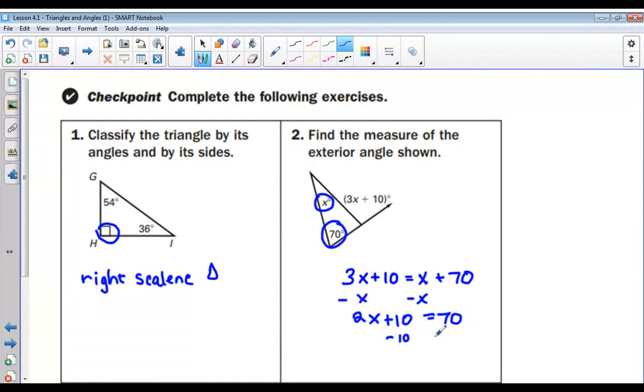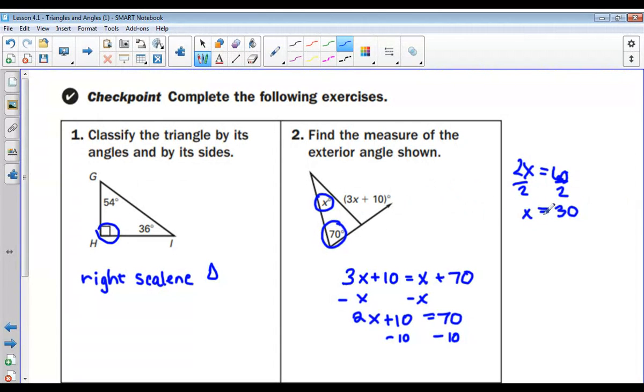I'm going to subtract 10 from both sides. I'm going to get 2x equals 60. And then I'm going to divide both sides by 2. So I'm going to end up with x equal to 30, but I want to find the measurement, right?